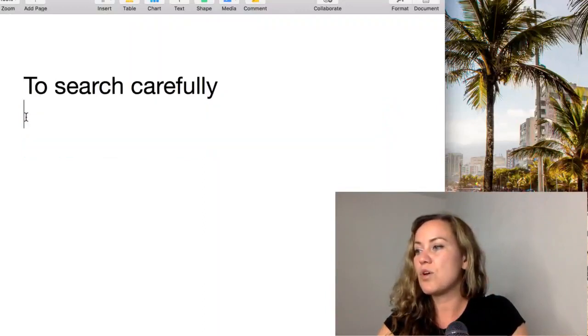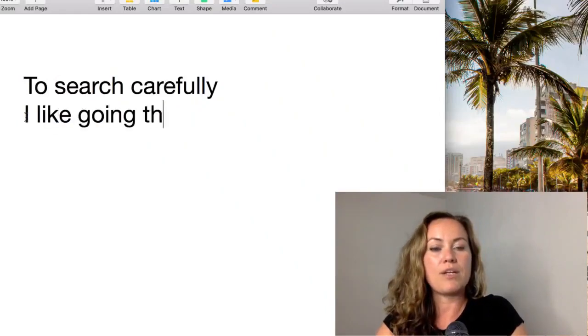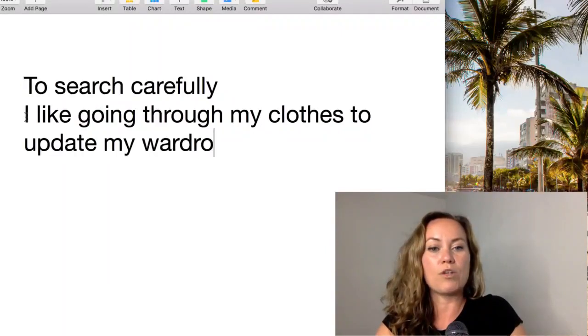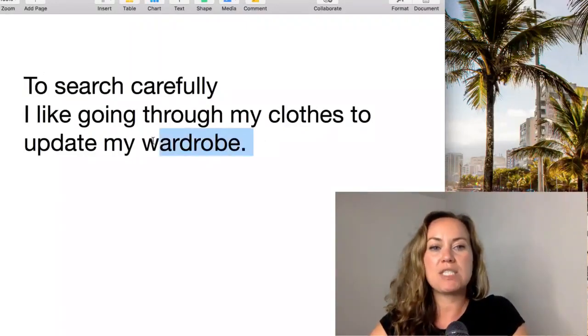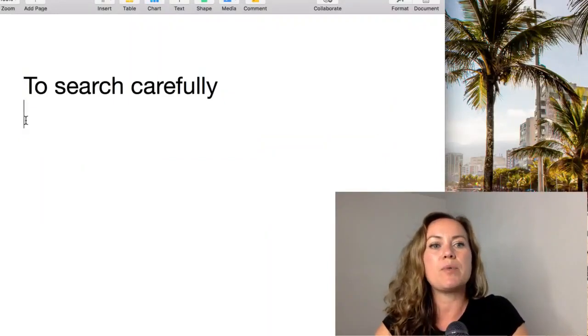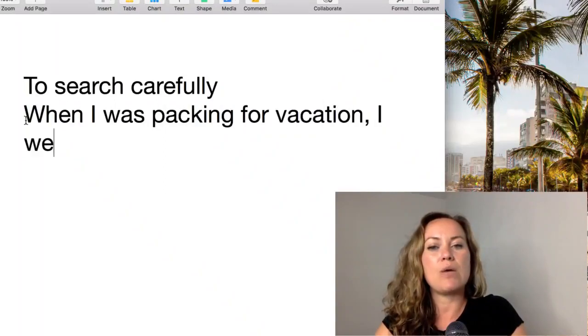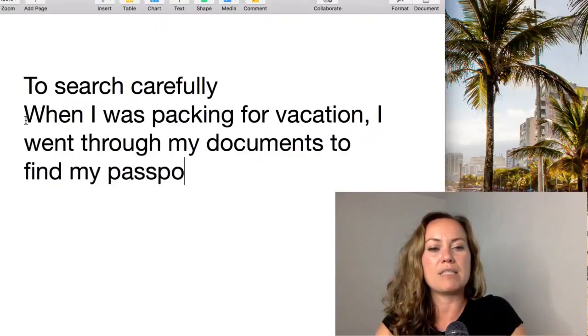Okay, so I like going through my clothes to update my wardrobe or my style. So remember, we can change the tense here. We could say went through or will go through. So for example, when I was packing for vacation, I went through my documents to find my passport.